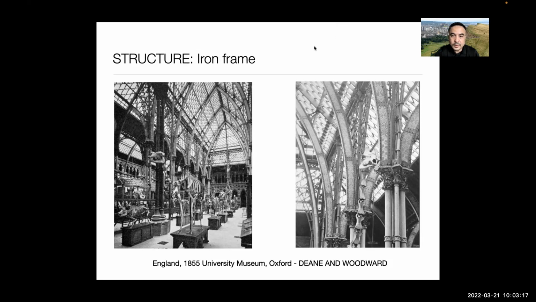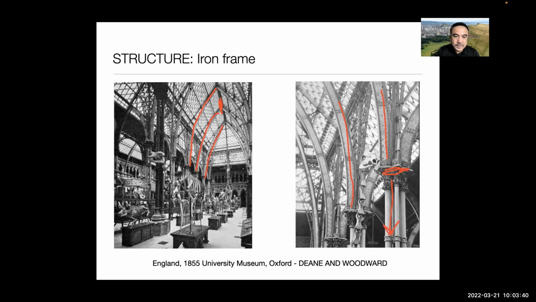For those who may not know, right, the weight of the roof here goes down along this rib, right, the metal rib, and it comes down to the column, right, the column here, and the column transfers the weight to the ground.